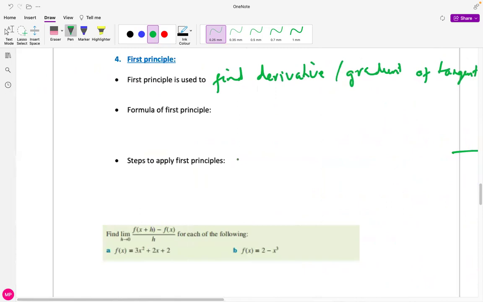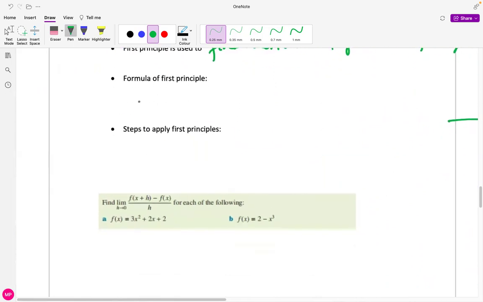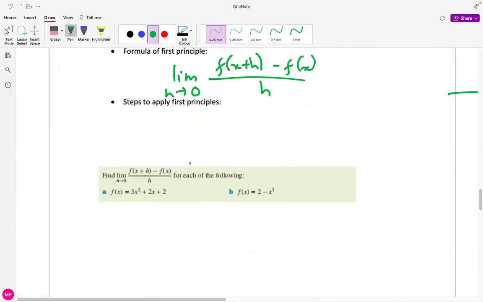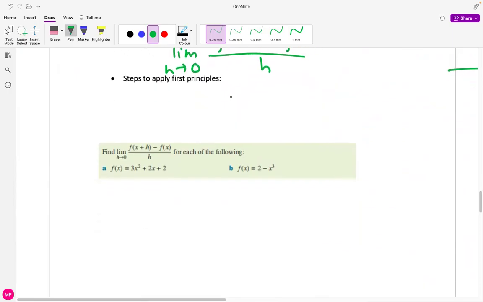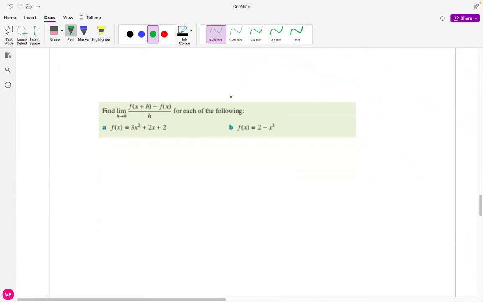So the formula of the first principle is the limit as h approaches 0 of f of x plus h minus f of x over h. The steps you do: we're going to do an example here, but you just find f of x, you find f of x plus h, you sub into the formula, and you simplify.